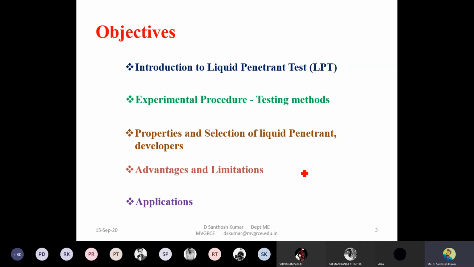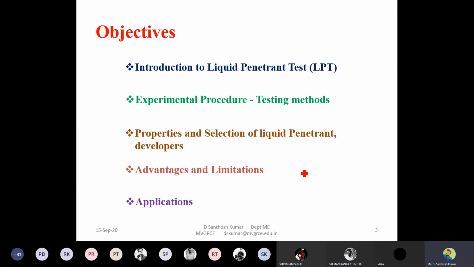Later we will move on to the application point of view, at which locations you can use this liquid penetration test or dye penetration test. Okay, so I hope you clearly understand what exactly we will cover in this chapter.